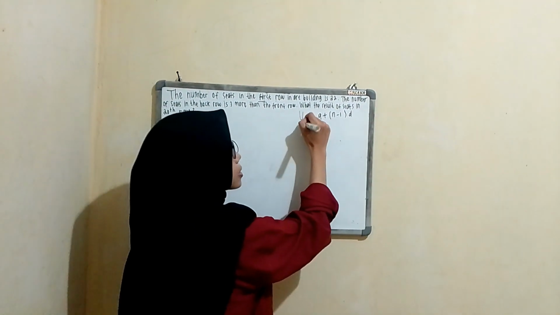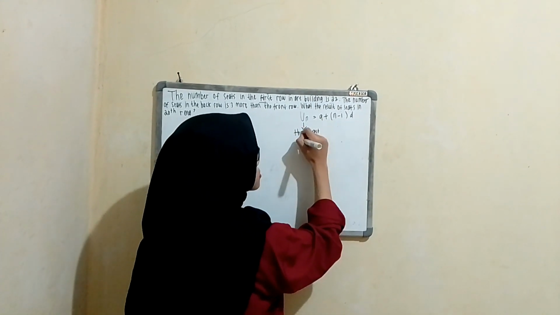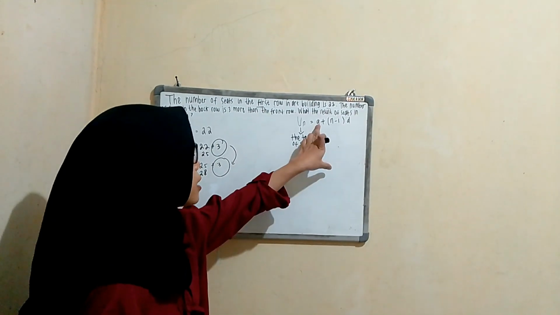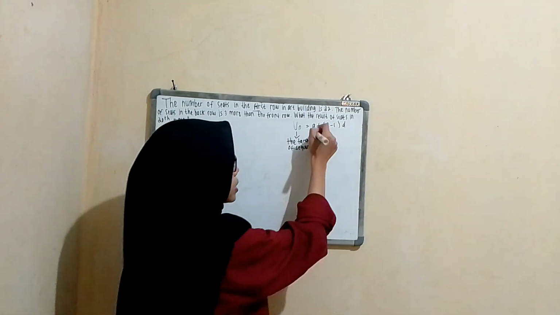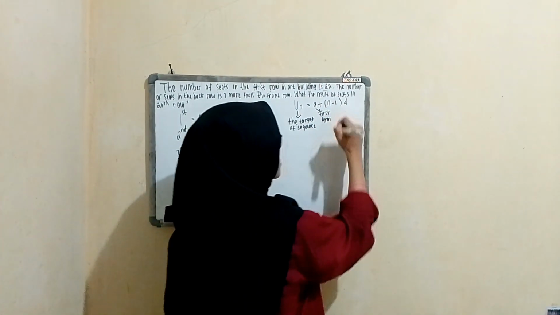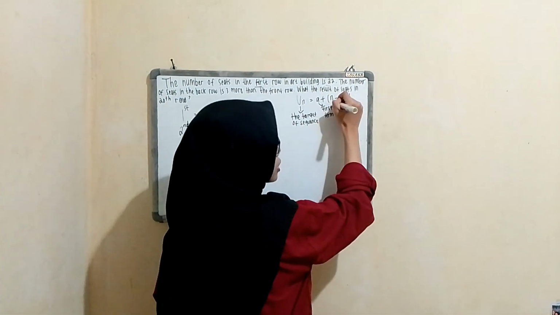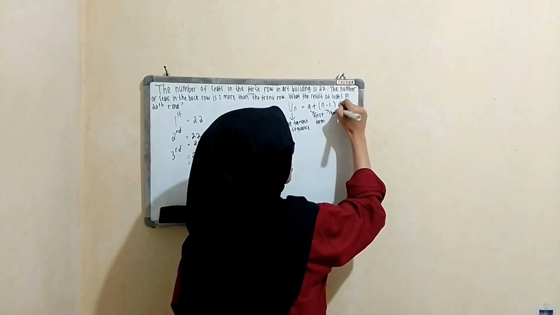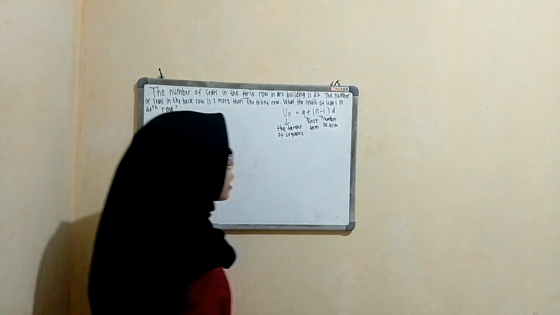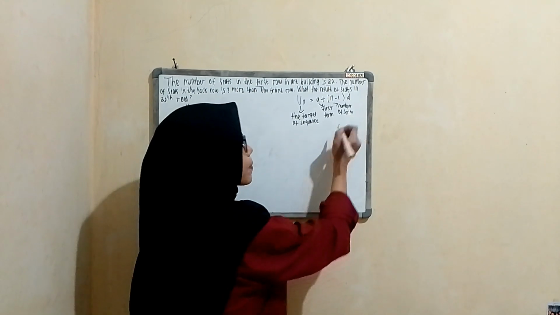U sub n is the target of the sequence. a is the first term. n is the number of terms. And the last one, d, is the common difference.